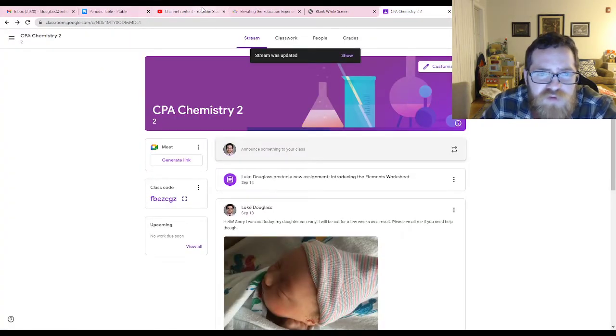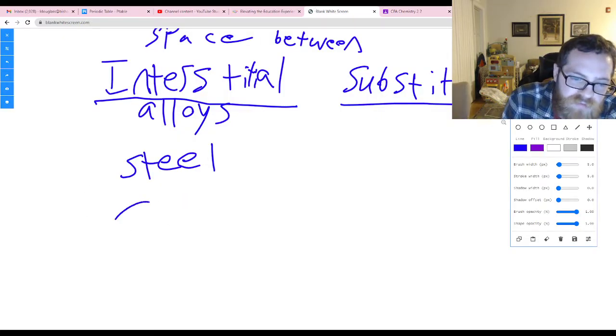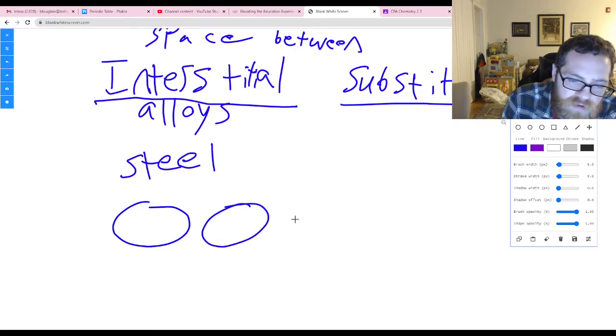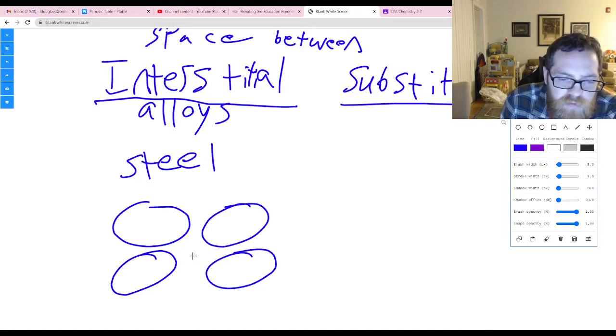Because of that, and we tend to draw them much smaller so we can tell the difference, when we have our iron combined in our metallic structures, there is space in between them due to the natural spacing of the larger atoms. It's not like a square that can be packed in very easily. There's always going to be space there.